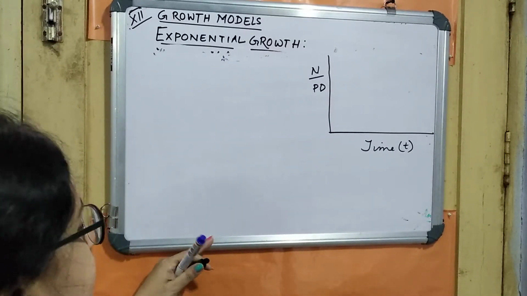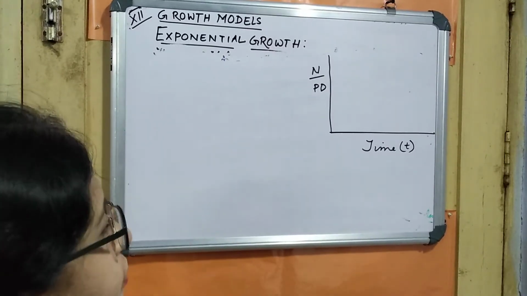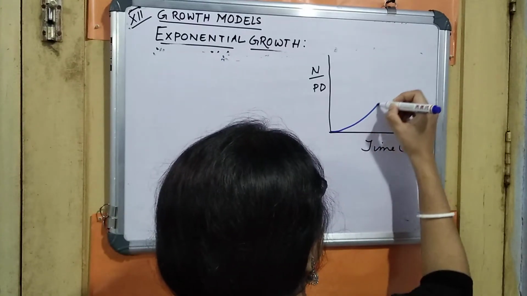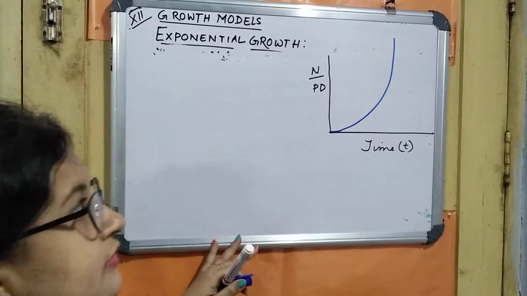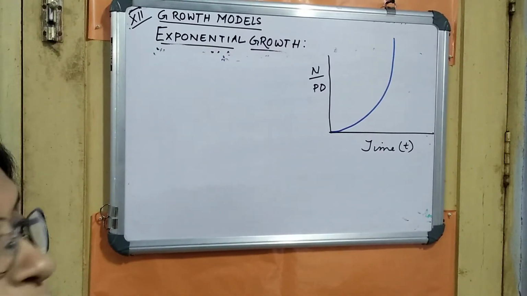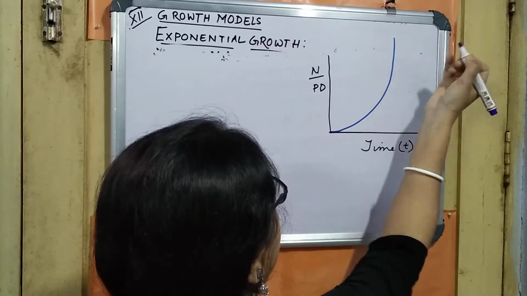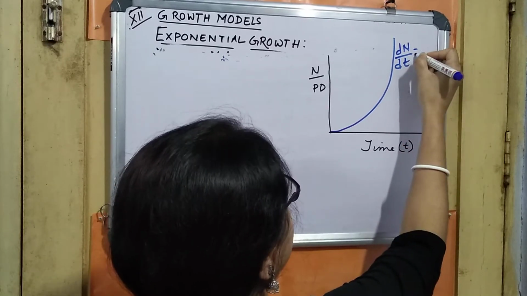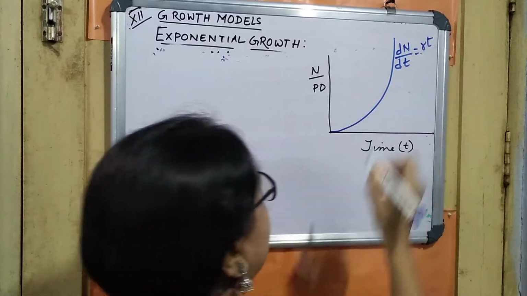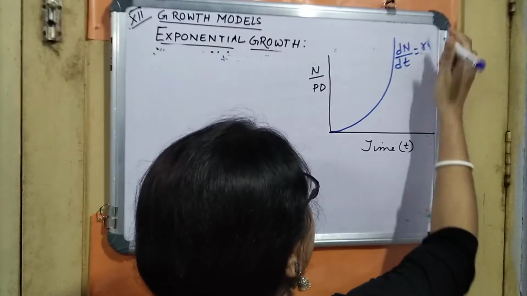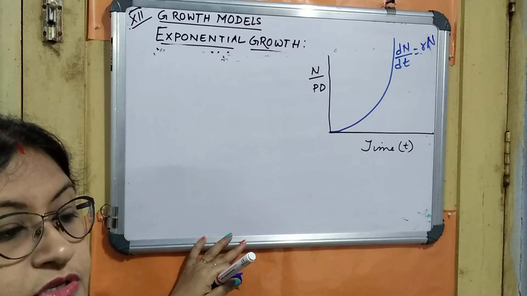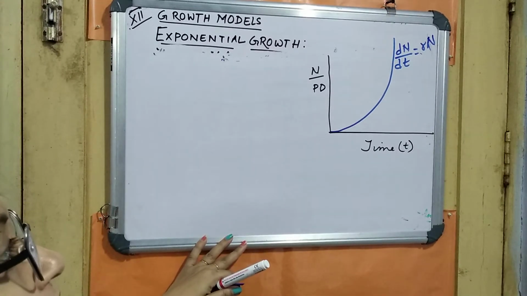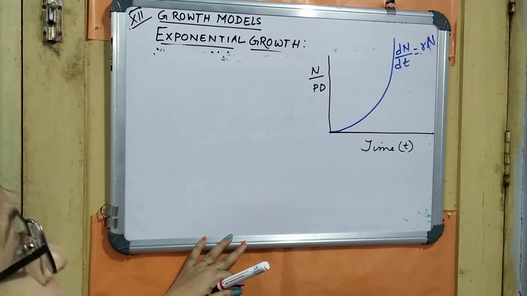Now the exponential growth graph will show a curve like this. This is what we call the exponential graph, and it resembles what we have already got: dn by dt is equal to rn. So this is what shows the graph of exponential growth.